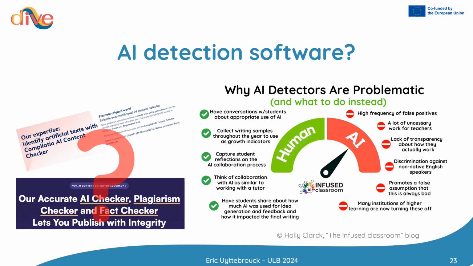Because the text produced by generative AI is original, you can never be 100% sure that it has actually been generated by AI. You run a high risk of falsely accusing a student. Moreover, research has shown that AI detection software is often biased. Some categories of students, like non-native speakers, will be flagged more often as cheaters.